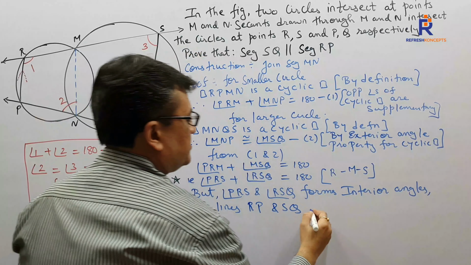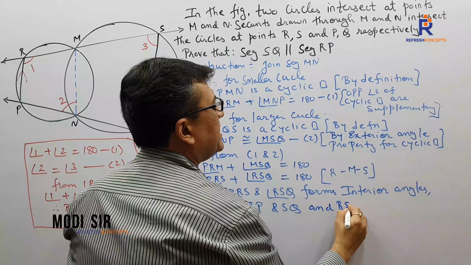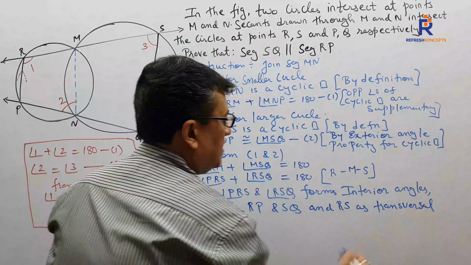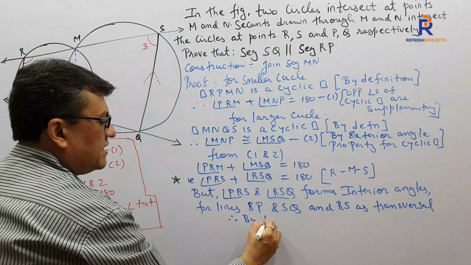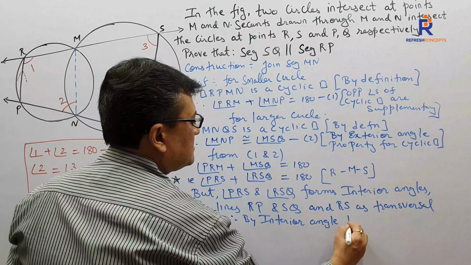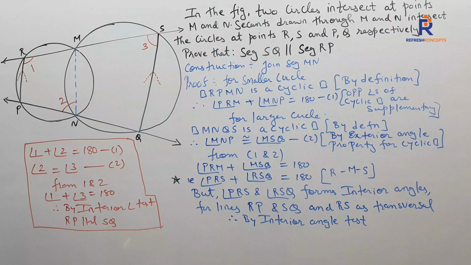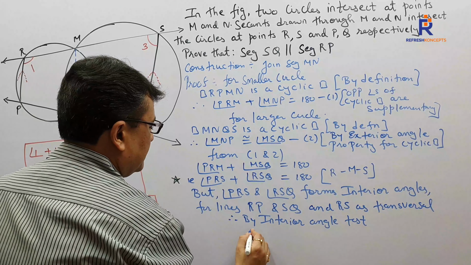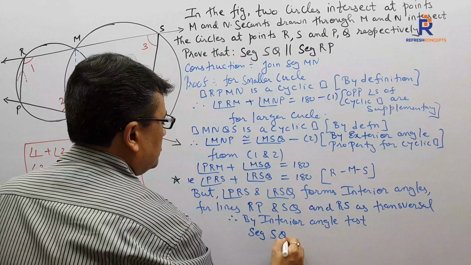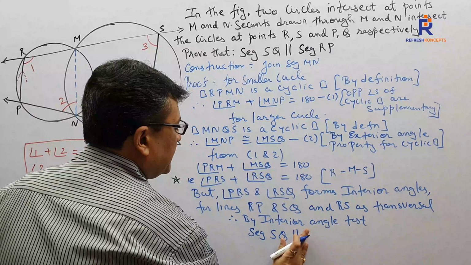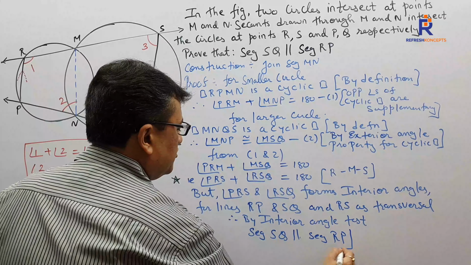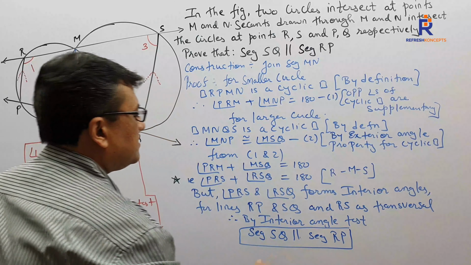RS as a transversal. Therefore, by interior angle test, I shall say segment SQ parallel to segment RP. I shall use their language.